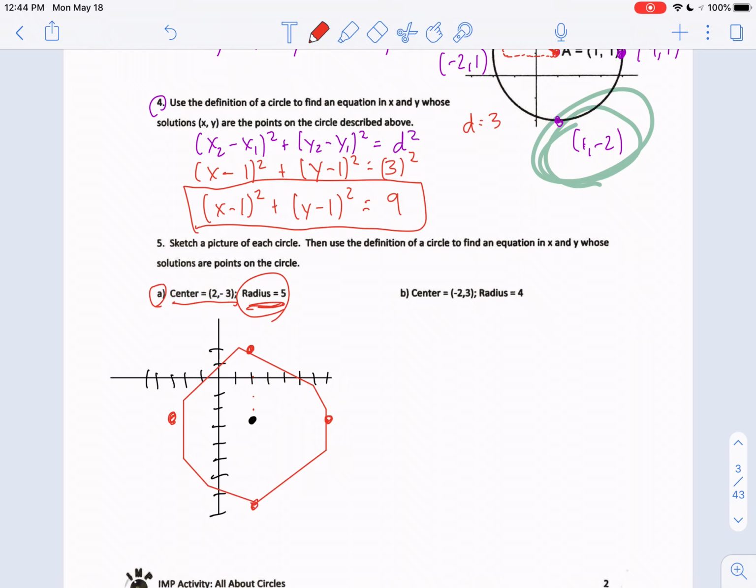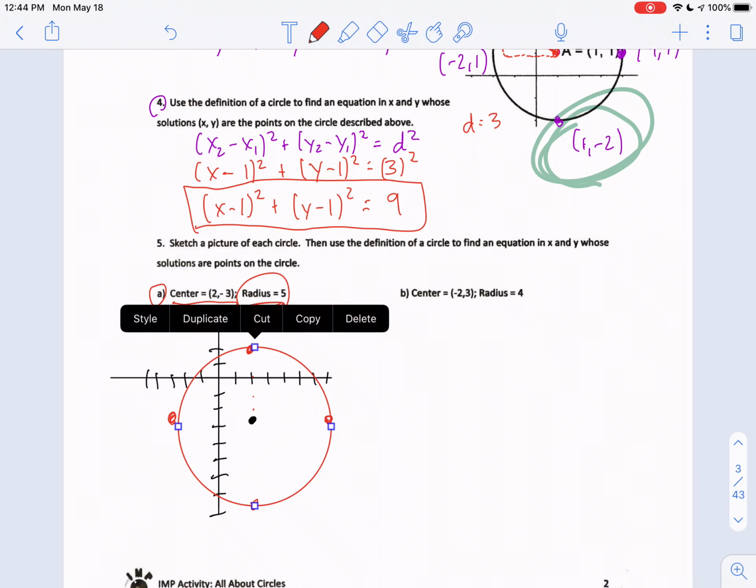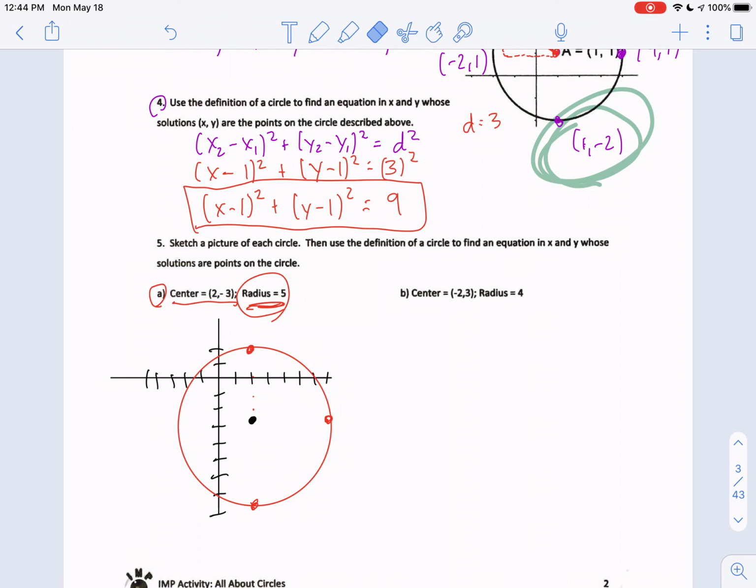Look at that. Okay, I'm trying one more time. Dang, I'm nervous, guys. Yay. Okay, that's pretty good. Boom. Okay, we'll work with that. I can even just scoot this up a bit. Okay, so we have our circle.